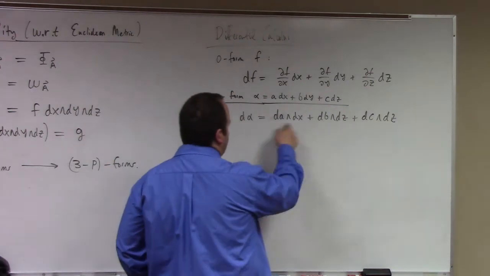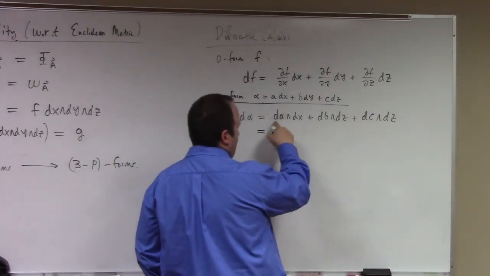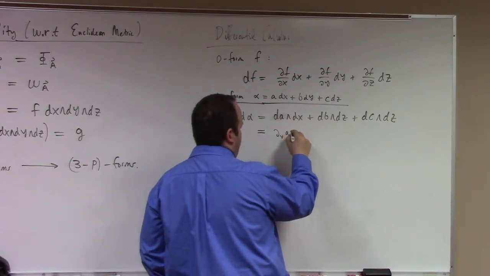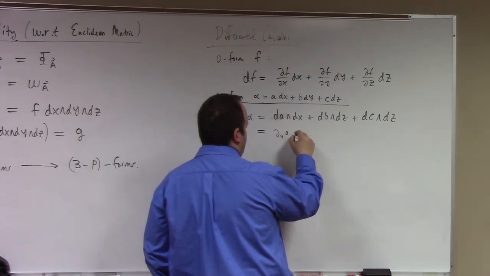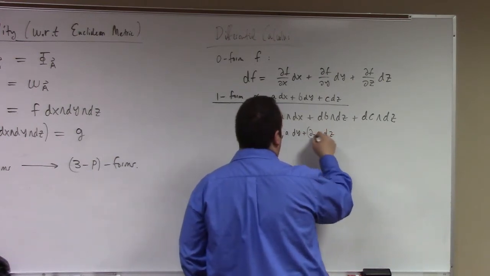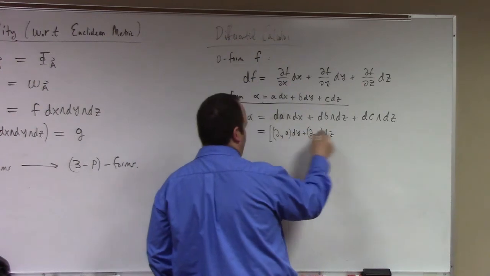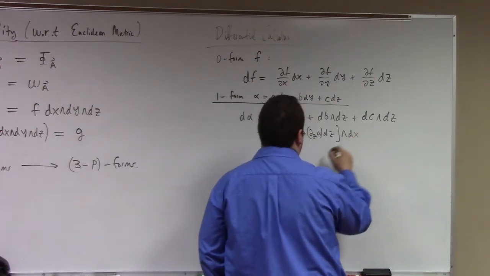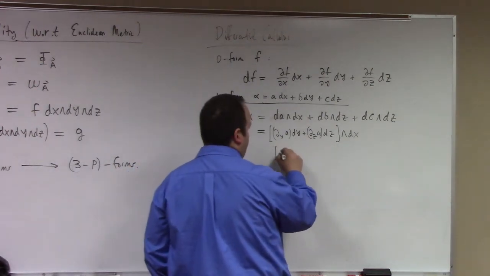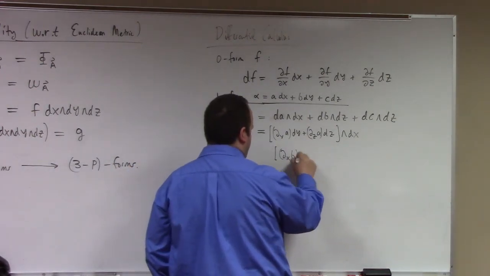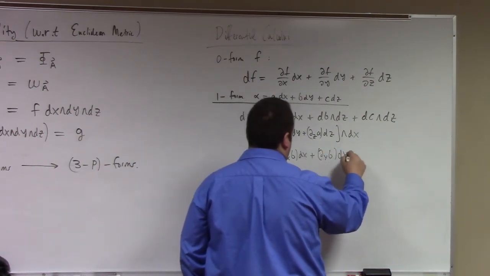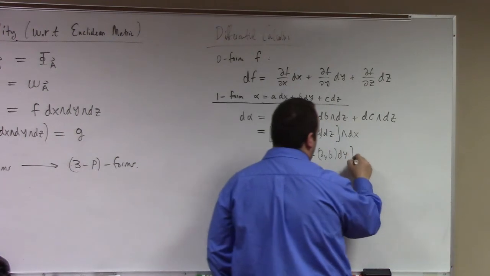So what would that look like? If we work this out, this would be partial y a dy plus partial z a dz, wedge dx. Now why do I not need the third thing? Why didn't I write it down? Because dx wedge dx is 0. Very good.